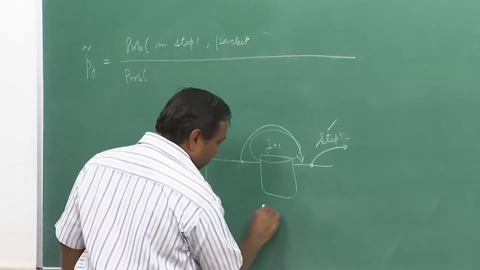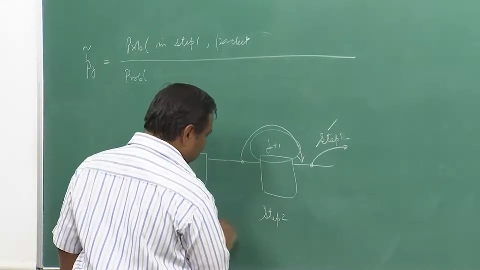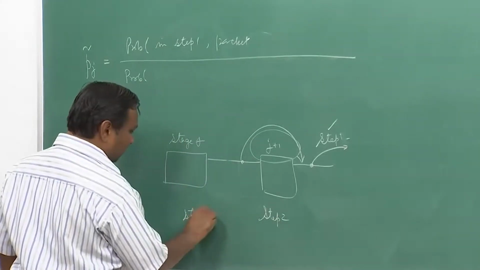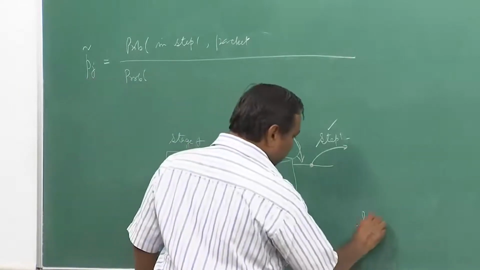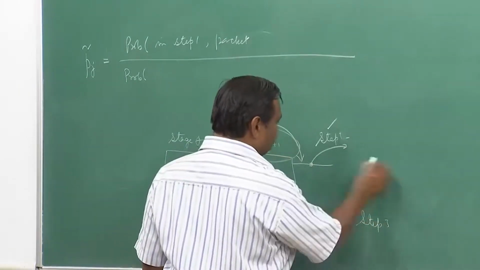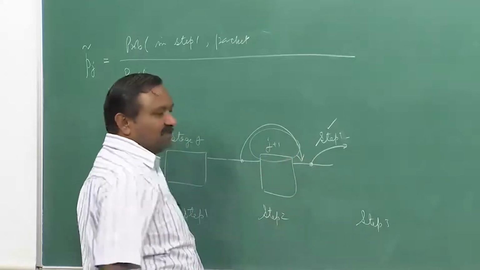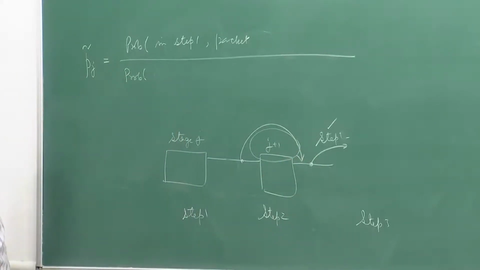So, remember when step 2 is happening here, step 1 will be happening here, okay. And then of course, step 3 will be happening in the next one, because the packet will be arriving there in their input buffer.